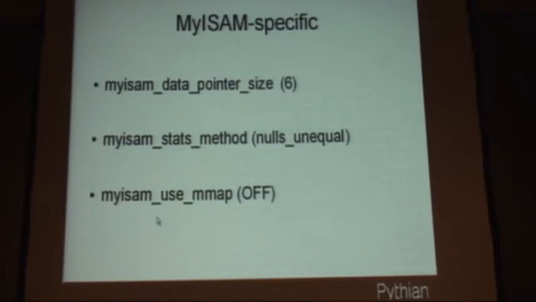Nulls unequal means that each null value is not equal to each other, which means that if you have a table with 50 values with the number 1 and 50 values with null, you're going to have 51 groups. One group has 50 of the number 1s, and then you have 50 groups of 1 because each null is unequal. There's also nulls ignored, which doesn't make an index distribution for nulls. So if you have that same table, you're only going to get one group of the 50 with 1.